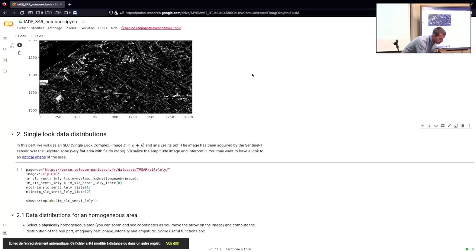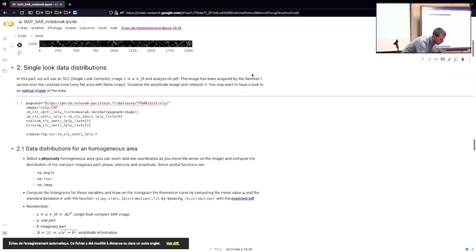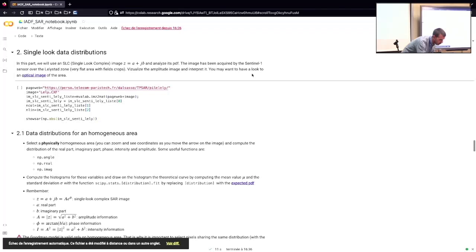Okay, now we can move to analyze the distributions of a single look SAR image. We are going to work with another image, which is acquired by the Sentinel-1 sensor operated by the European Space Agency. It's an image that comprises some agricultural and rural area and also some water area in the Netherlands.